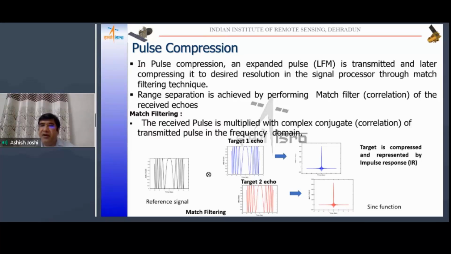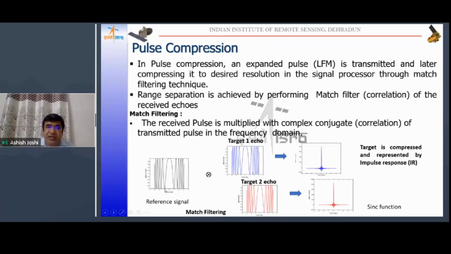Then this LFM is compressed in the SAR processor with the matched filtering technique. What is matched filtering? We multiply the signal with its complex conjugate, and then we can compress the pulse.